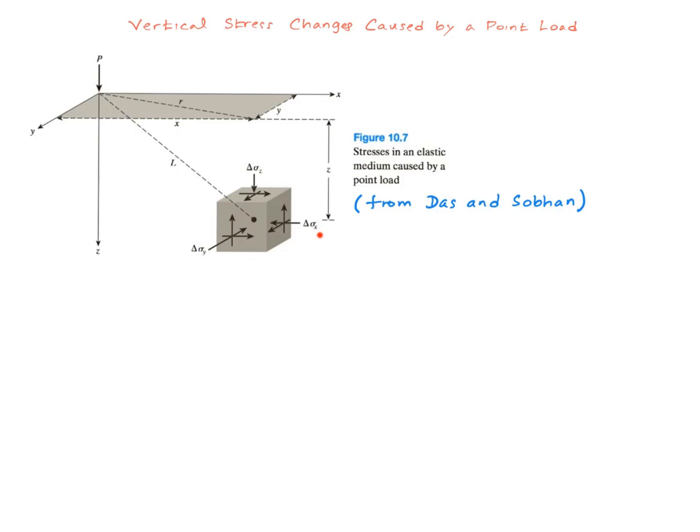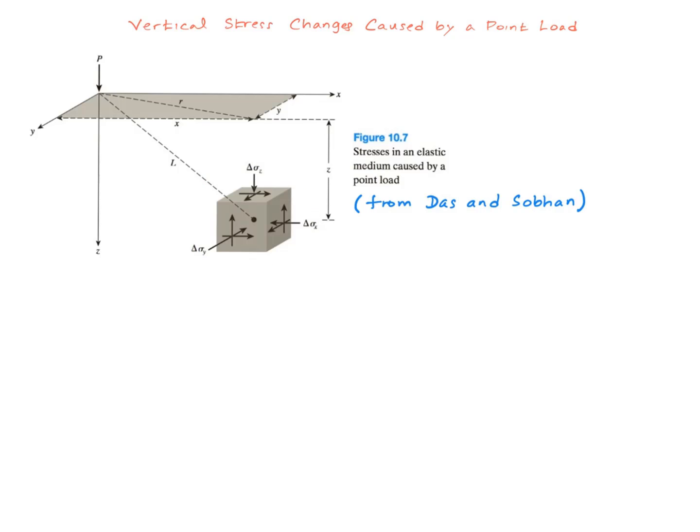Here is a picture from the textbook, schematically showing the details. A point load P is applied at the ground level, a vertical point load P, and this three-dimensional differential element shows the changes in the stresses. We talked about a stress having several components, right?